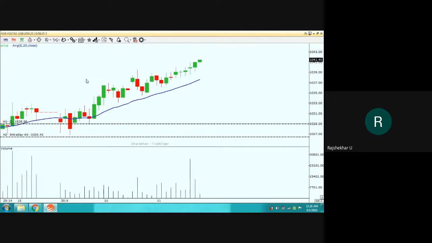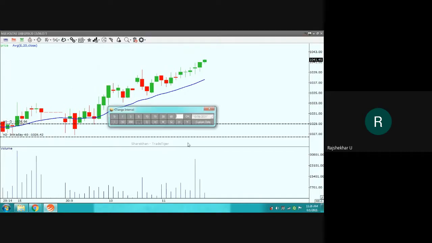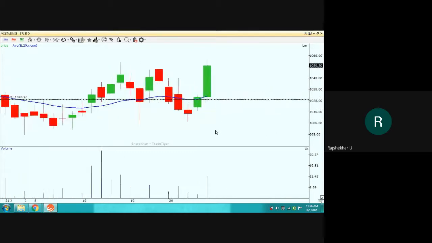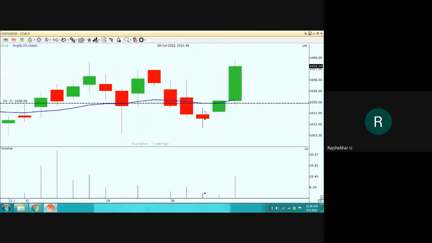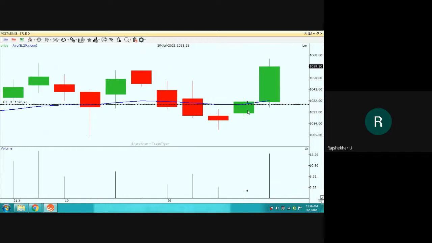Okay. I'll show you by going into daily time frame. I was tracking this stock from, see, this 28th and 27th. Okay. Now, on this particular day, 29th, the stock is above daily moving average line on 29 July.